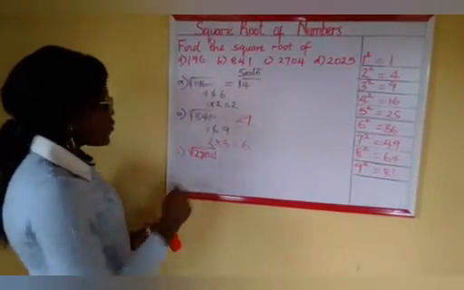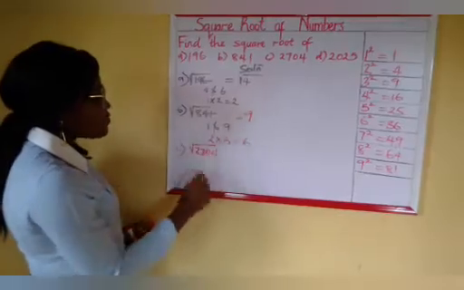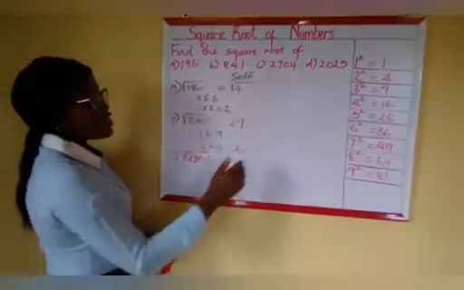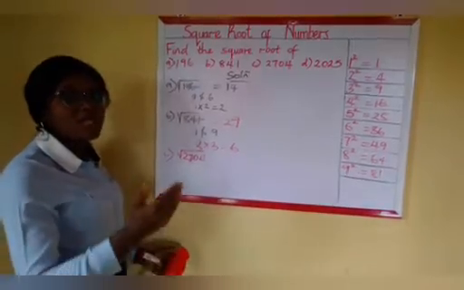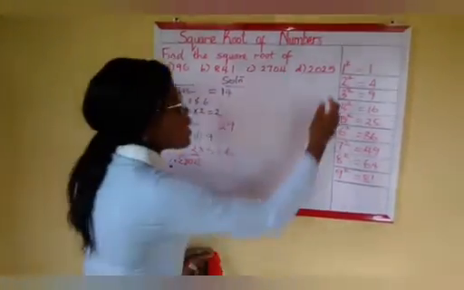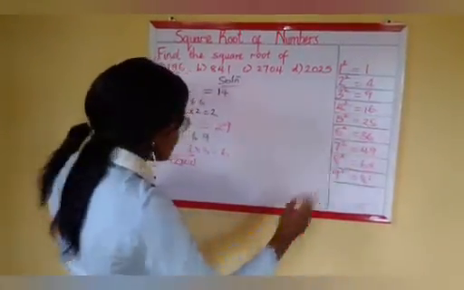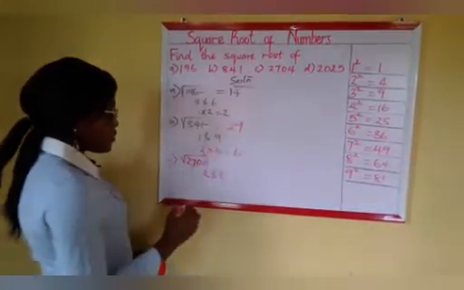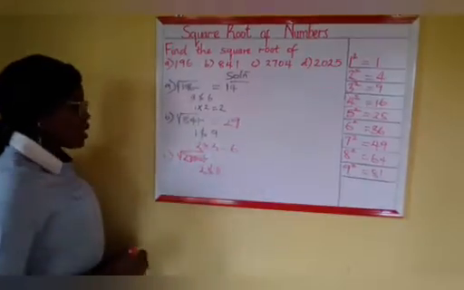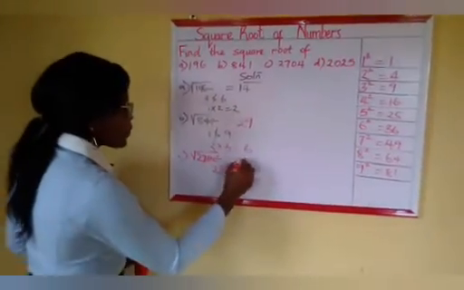Now, let's continue. Remember, the last number we have here is 4. So you check the square of numbers. Which one has 4 at the unit side? We have 2 and 8. So you cross these 2 out the same way.